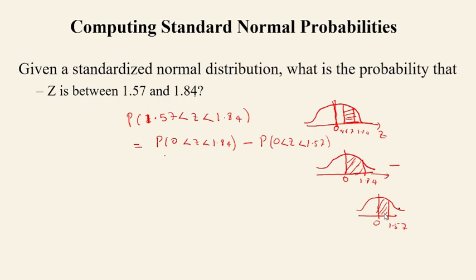Because when we are using the table, only these probabilities we can get from the table. So we are writing the probability in such a manner to use the table. Then the probability between 0 to 1.84 is 0.4671 minus 0.4418.